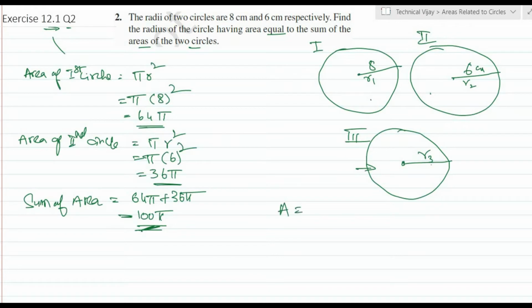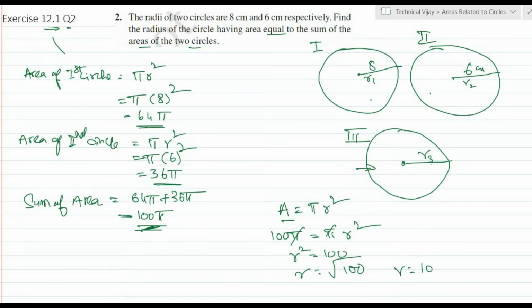That is, area is equal to pi r square. So here area is equal to 100 pi, which is equal to pi into r square. So pi cancels, so r square is equal to 100. R is equal to square root of 100, which is r equal to plus or minus 10. Here we have to take plus 10 because the distance will always be positive. So this radius, that is R3, is equal to 10 centimeter.